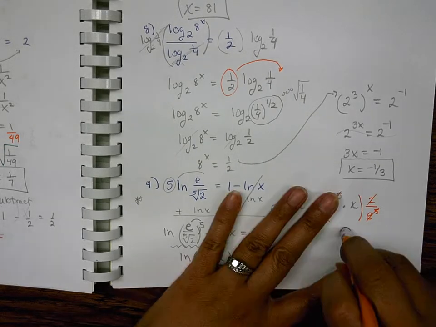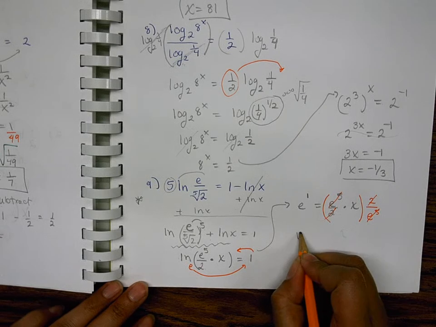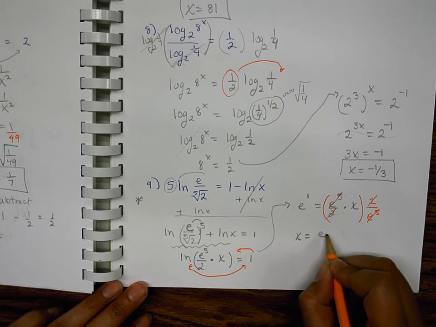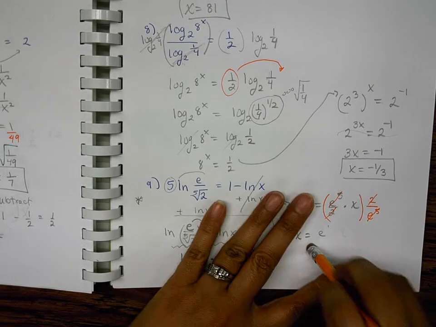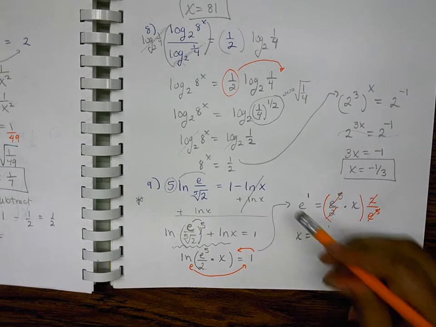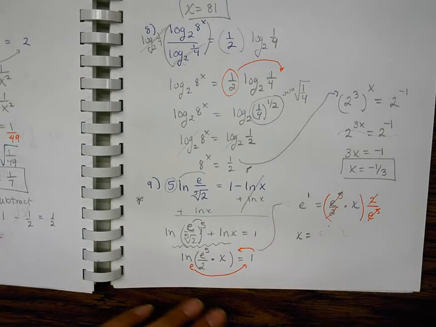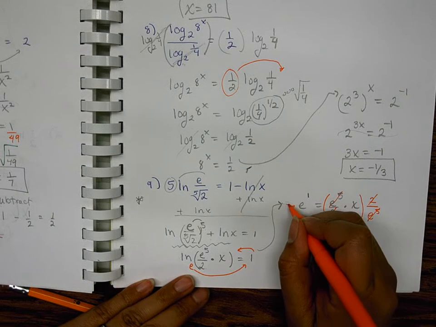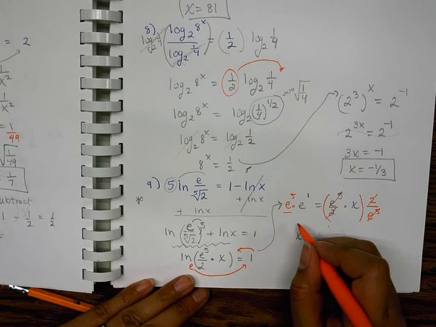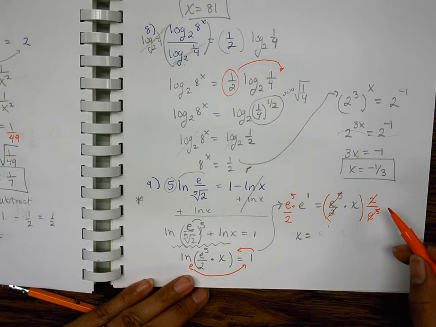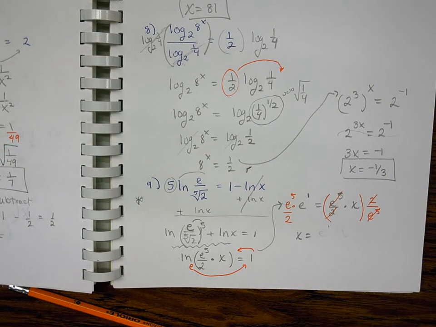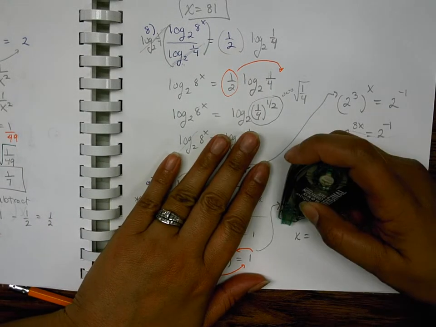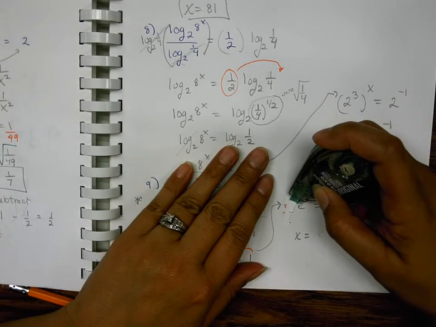E to the 5th is gone, e to the 5th is gone, 2 is gone, and 2 is gone. And that leaves me with, I'm going to put x on this side. X equals e to the, forgot to show my work on this other side. My apologies. So times e to the 5th over 2. And I'm going to fix that for all of you who are saying, well, what did she just do?